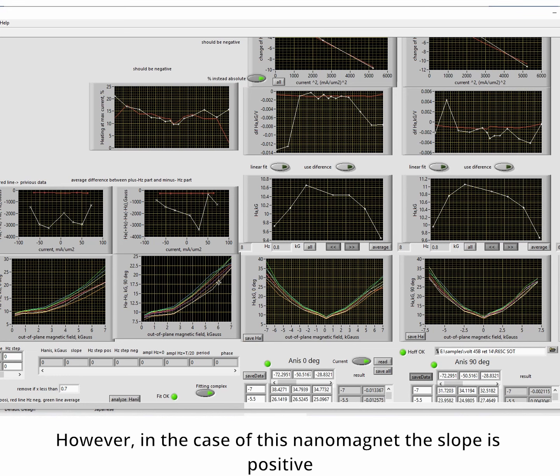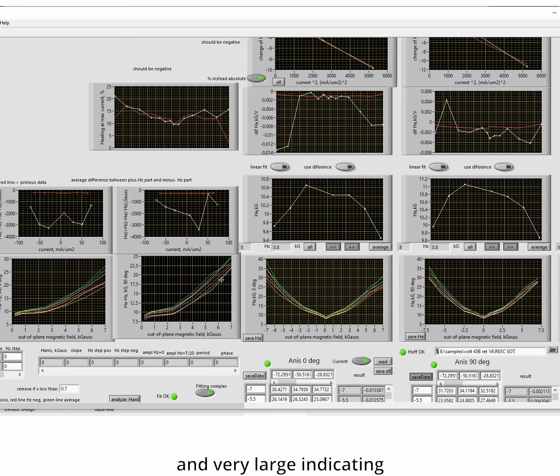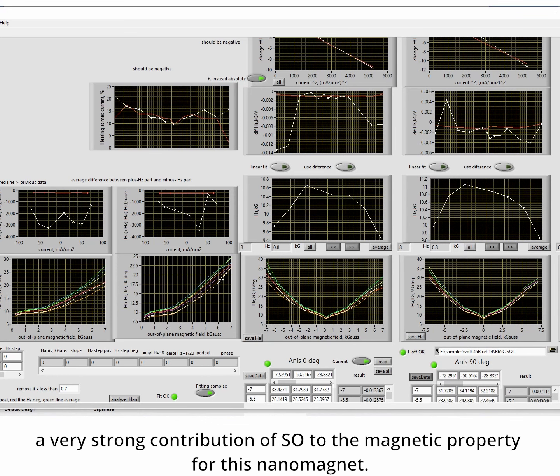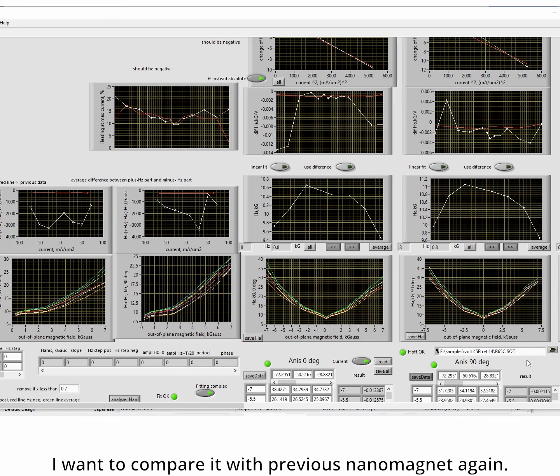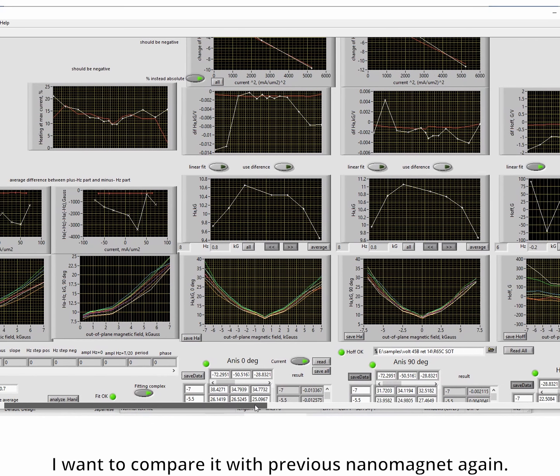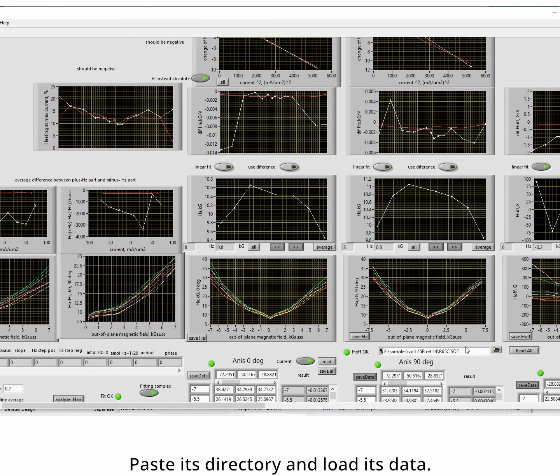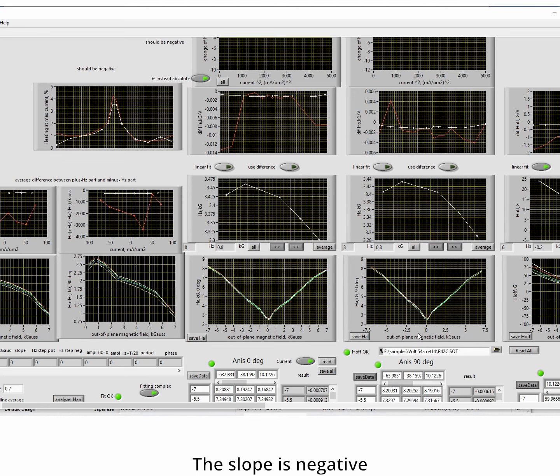However, in the case of this nanomagnet, the slope is positive and very large, indicating a very strong contribution of the spin-orbit interaction to the magnetic properties for this nanomagnet. I want to compare it with previous nanomagnet again. Just copy-paste the directory of that nanomagnet here and read all data. The slope is negative.